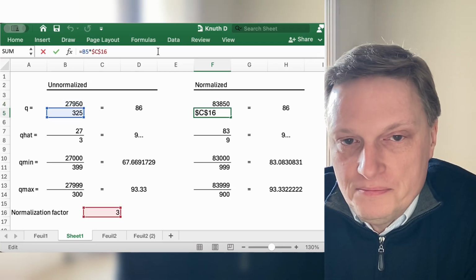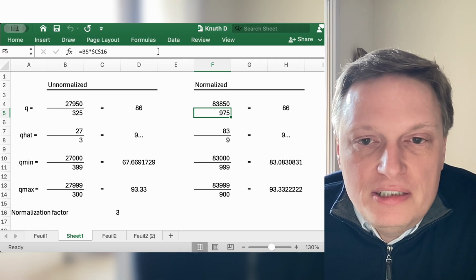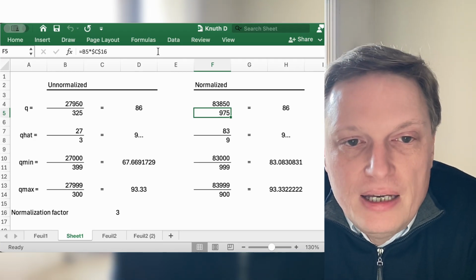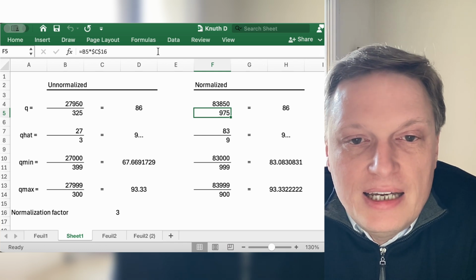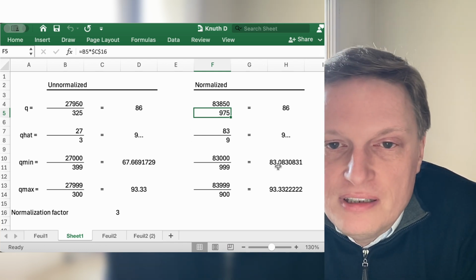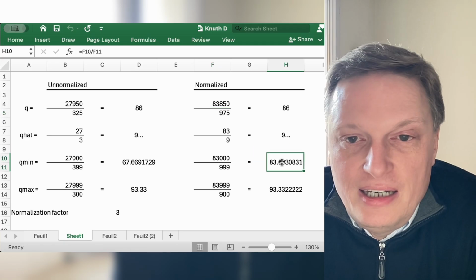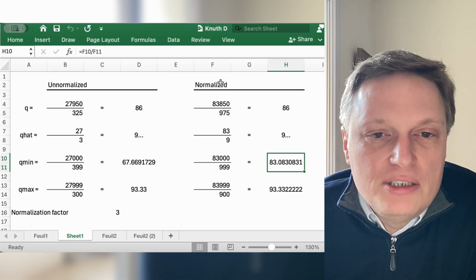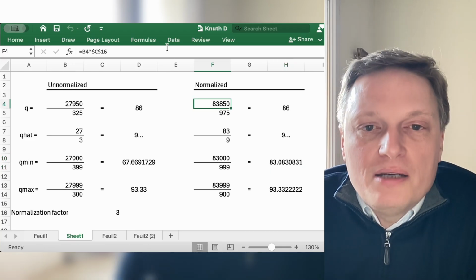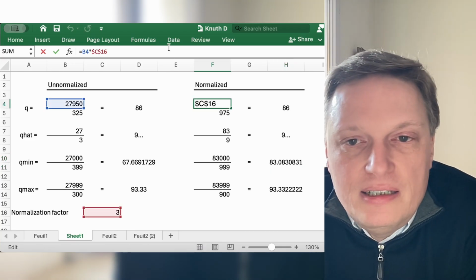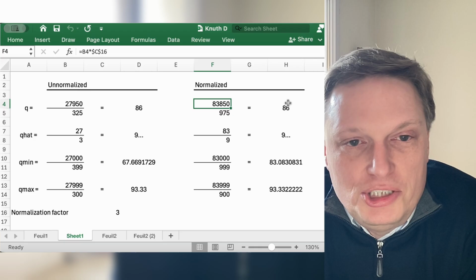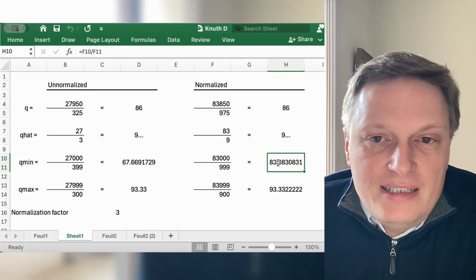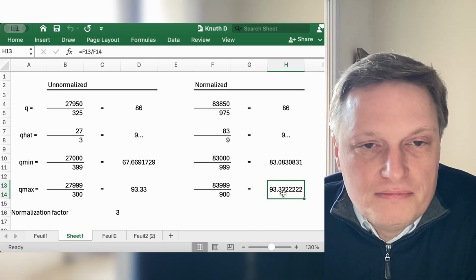Normalization is very simple. You want the first digit of the divisor to be as large as possible. Knuth proves that if it is at least 5, then the estimate is off by at most 2. So normalization means multiplying both the dividend and the divisor by the same factor, which is 3 in my example, and you can see that the estimation error is reduced.